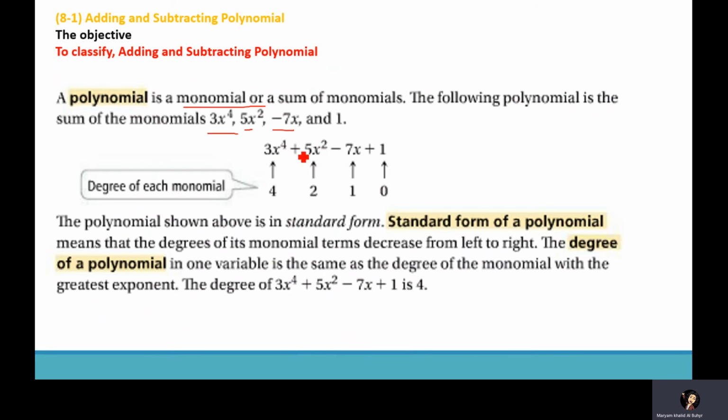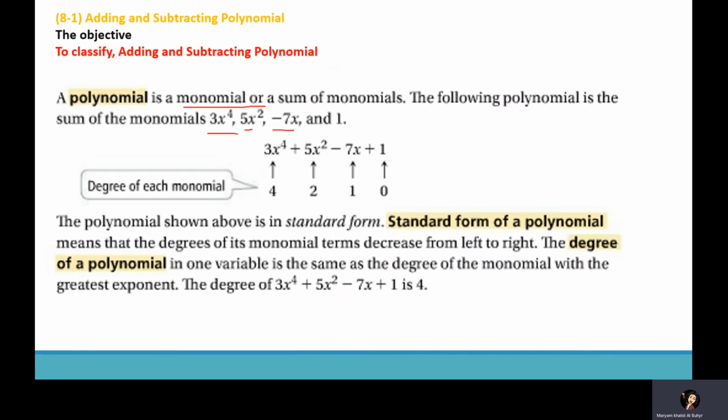Now the degree of each one of these: this is 4, this is 2, this is 1, and this is 0. Now the standard form of a polynomial means the degrees of the monomial terms decrease from left to right. So for the standard form, you are going to list them from the greatest to the least degree, according to the degree.